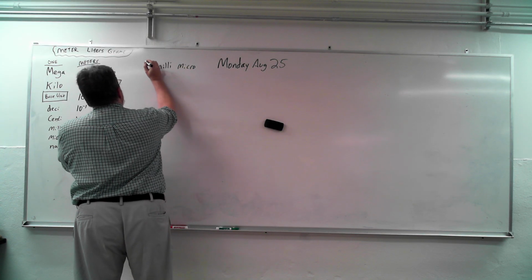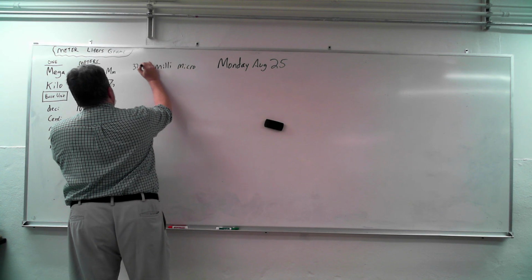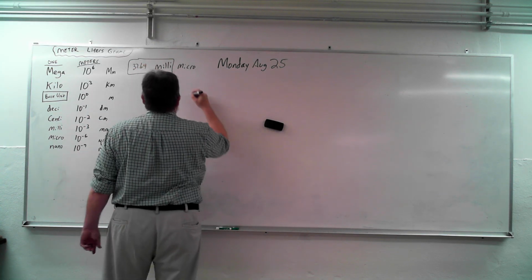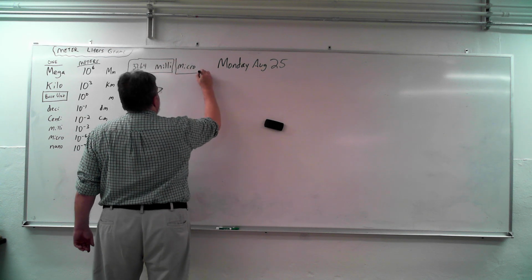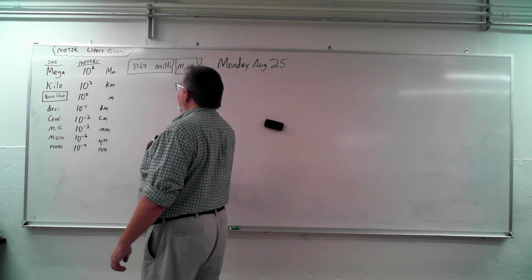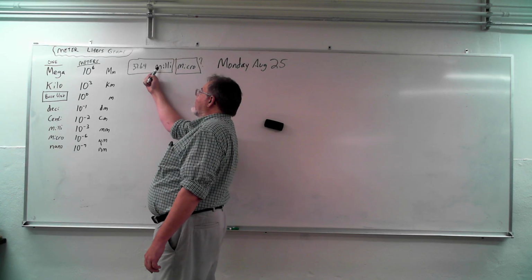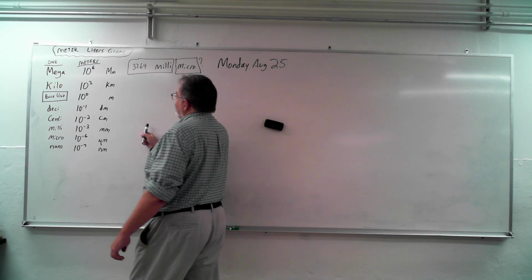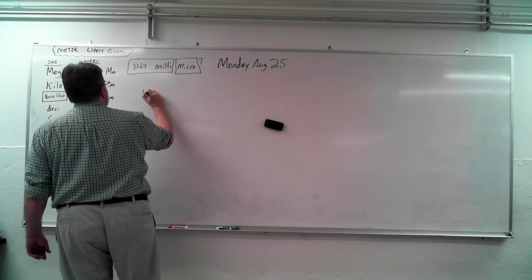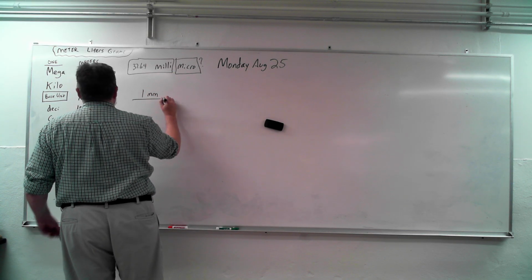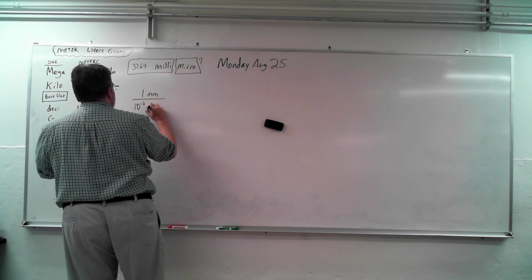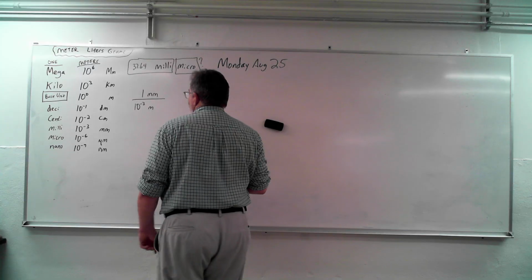Let's say I have 37.64 millimeters, and I need to convert it to micro. So the way I do this is I start with milli and relate it to the base unit. So 1 millimeter. 1 millimeter is 10 to the negative 3 meters.